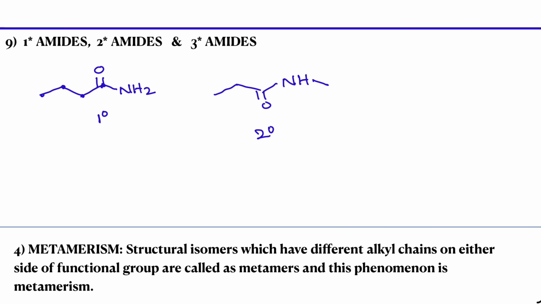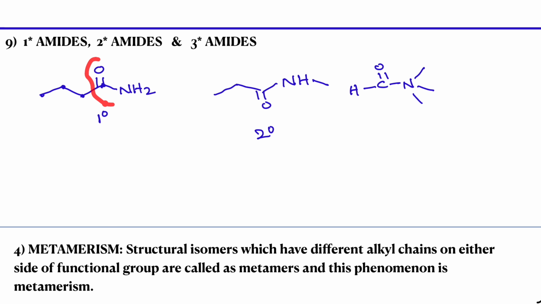And one more category let me write. So here that is C double bond O, N, CH3, CH3, CH3, here I am writing hydrogen. So every structure that I have written here, all of them have 4 carbon atoms and the amide functional group.